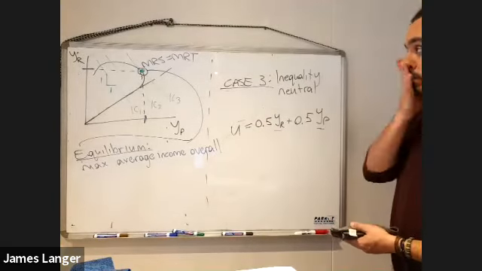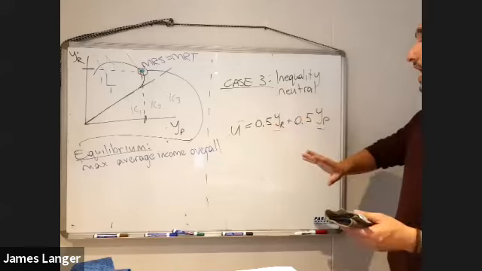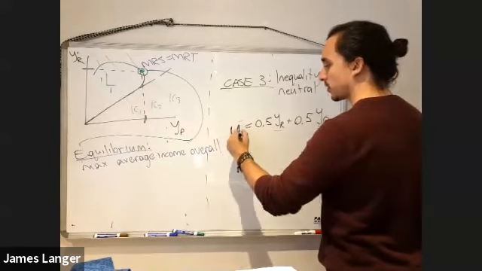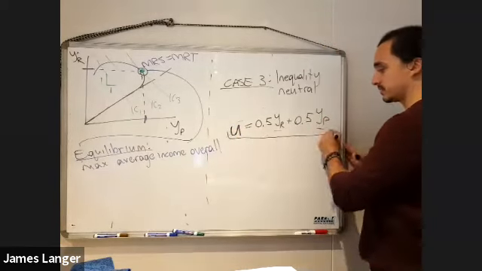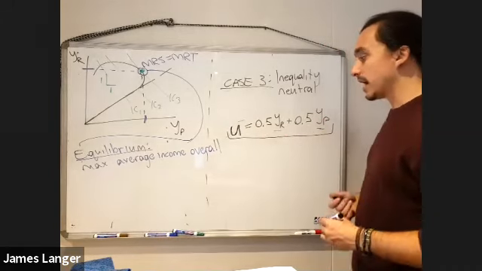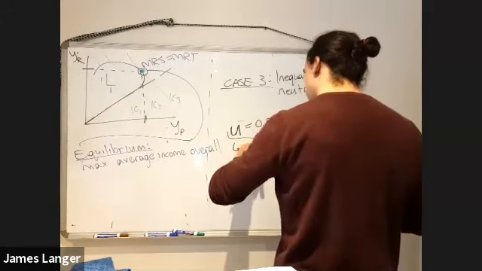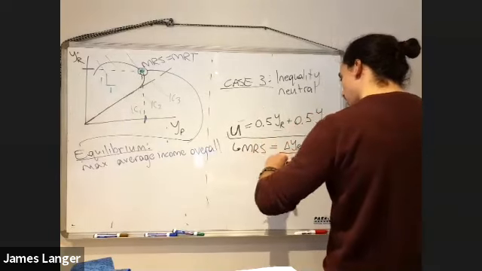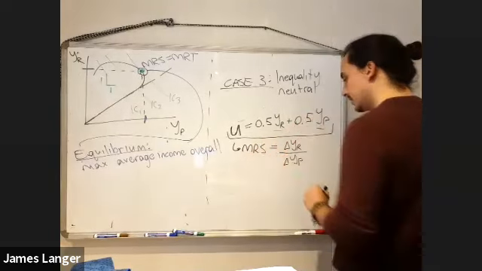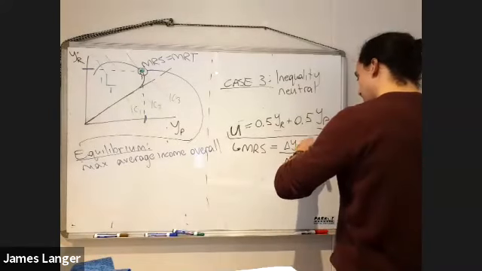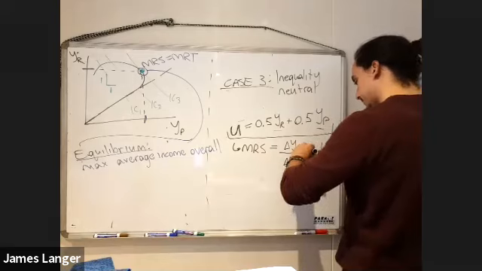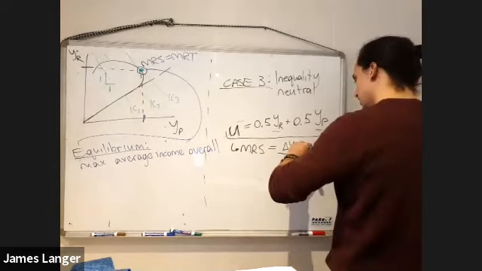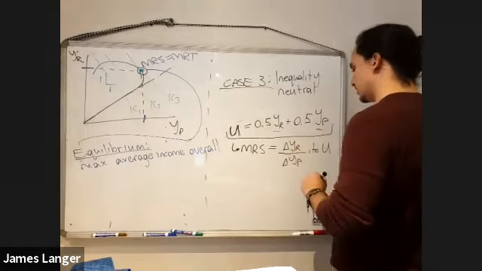Okay, sweet. So we've seen this, and now the last thing I want to say is, now that I'm starting to work with the utility function like this, how would we get the MRS? Well, I know that my MRS is essentially the change in YR over the change in YP, holding utility constant.